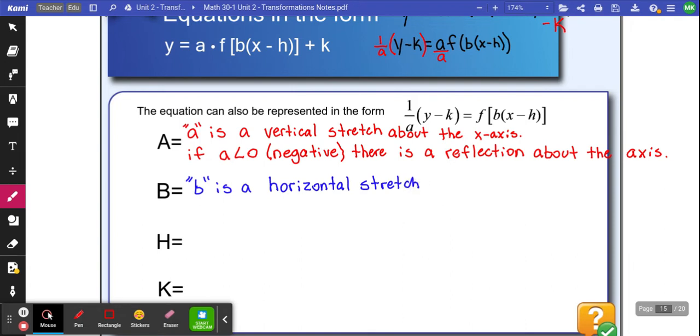So it's a horizontal stretch about the y-axis. You could even say by a factor of 1 over b, but for this purpose, I'm just going to leave it like that without talking about the factor part.